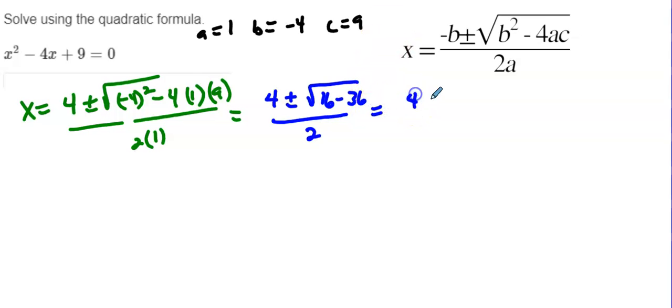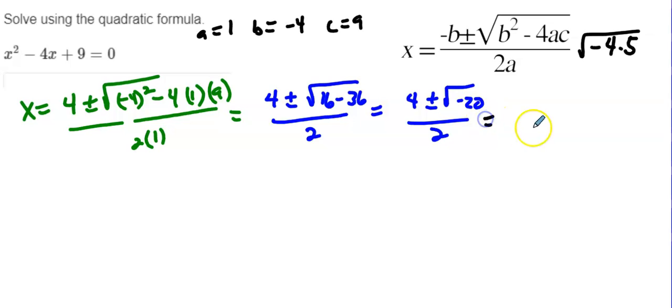So here we get 4 plus or minus the square root of negative 20 over 2. So now we have to simplify that square root of negative 20. So 4 times 5 is 20. We add the negative, so we know we're pulling the i out. So we get 4 plus or minus 2i square root of 5, all over 2.